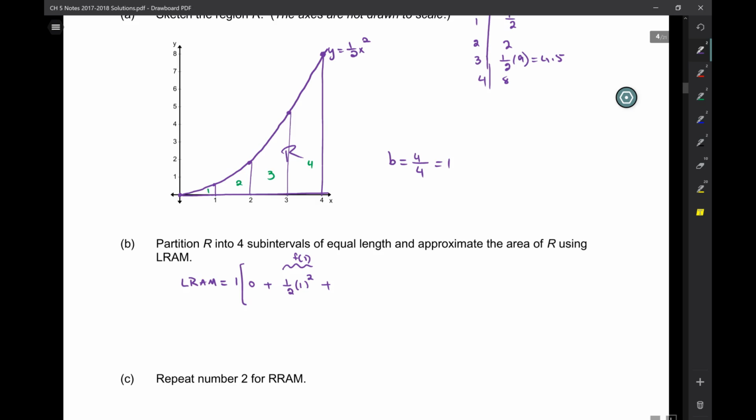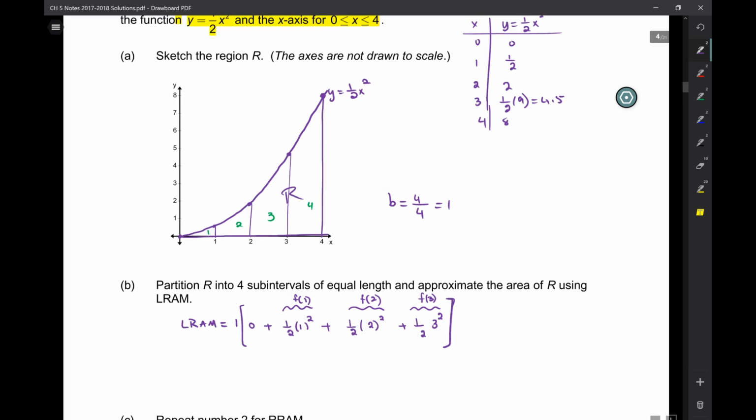Now for the third rectangle, it's half of 2 squared, so that's f of 2, plus 1/2, 3 squared. For each rectangle, I'm plugging the left endpoint into y, which is 1/2 x squared.